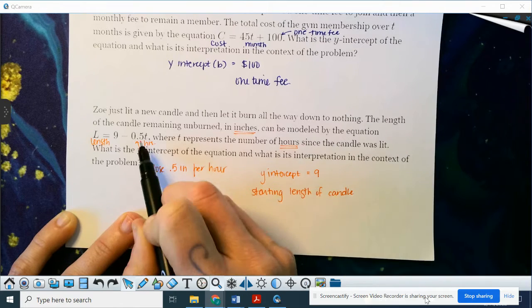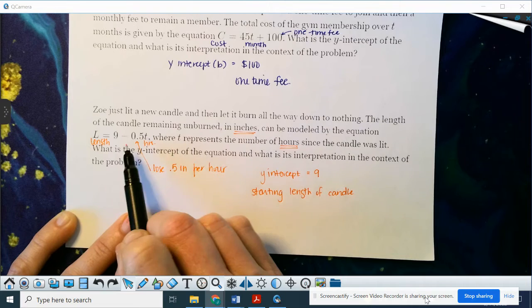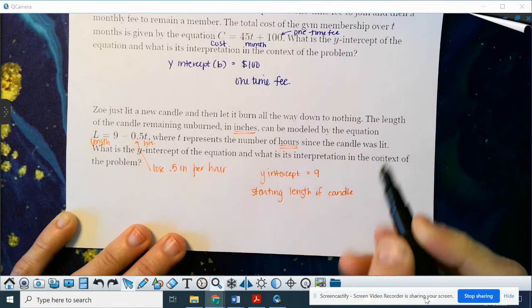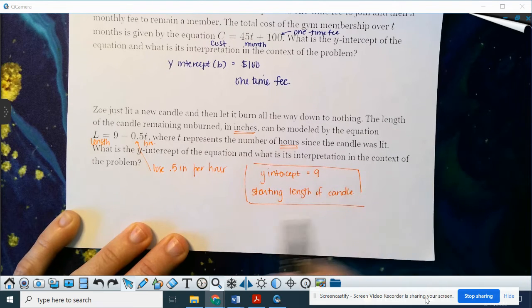Because if I burn it for no hours, then the length would be 9, because 0.5 times 0 would give me 0. And then it is losing 0.5 per hour. But to answer the question, the y-intercept is 9, and that is the starting length of the candle. And if you almost memorize starting length, starting size, starting amount, for all your y-intercept questions, it should answer it appropriately. All right, great job, guys.